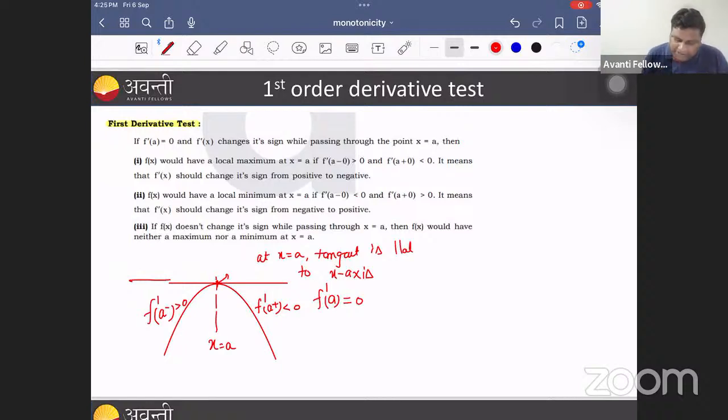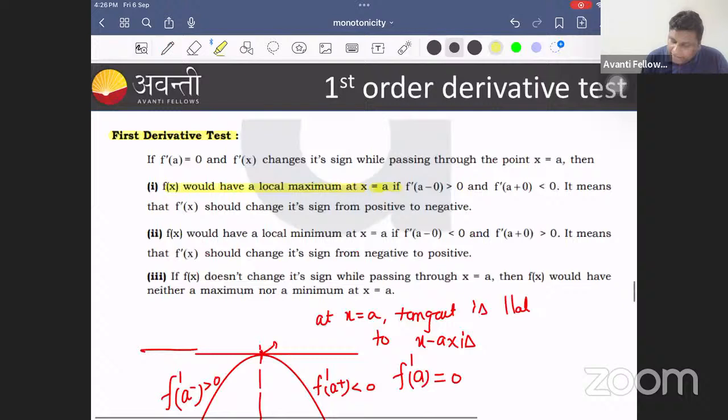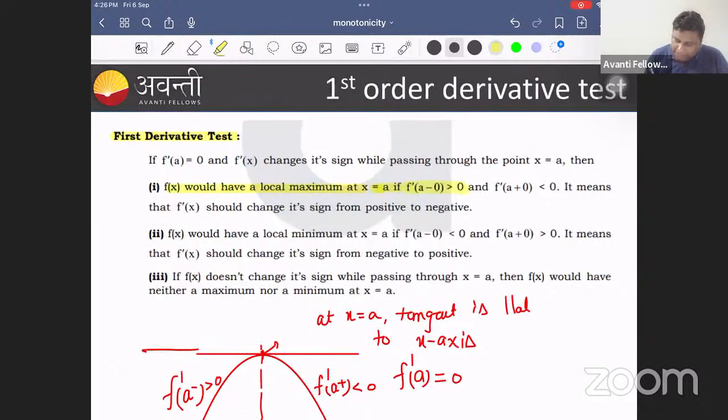So, what is the first derivative test? First derivative test for maxima is f(x) would have a local maxima at x equals a if f dash a minus is more than 0, like I told you, and f dash a plus is less than 0, like here I told you. It means f dash should change its sign from positive to negative. Am I clear? So it will be a point of local maxima, but definitely it is for the derivable functions.